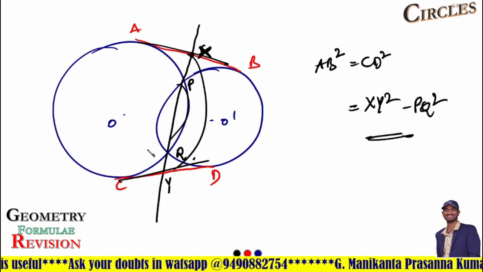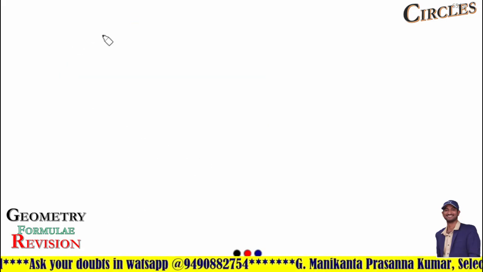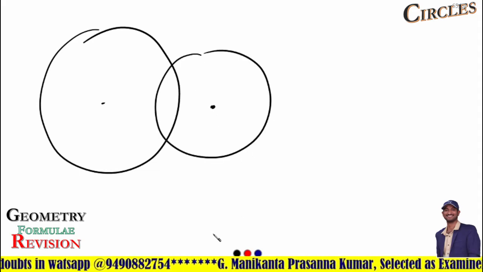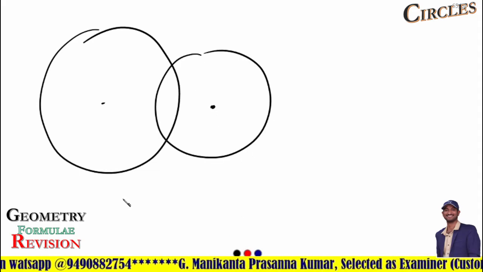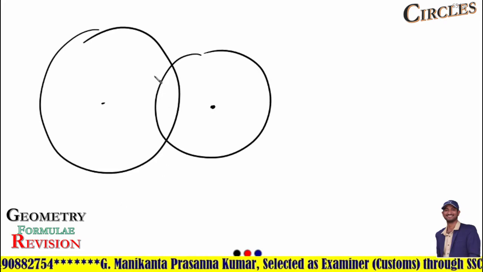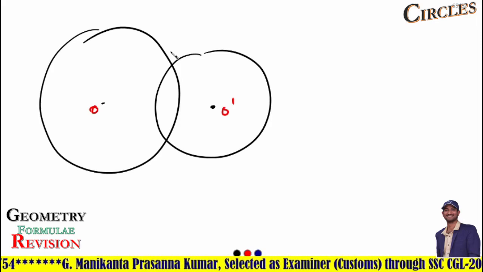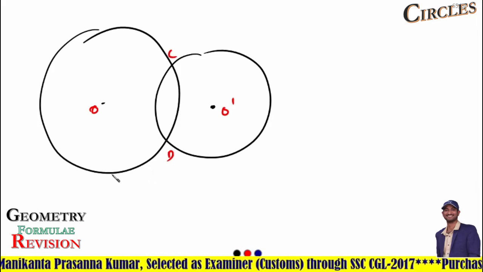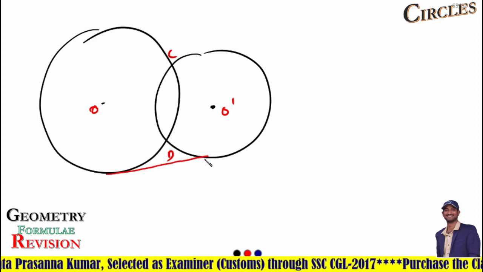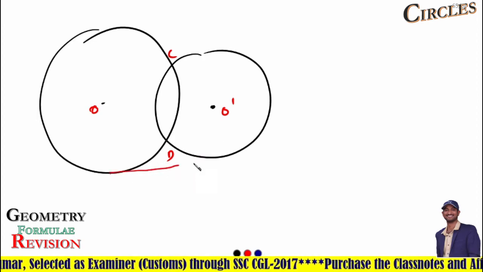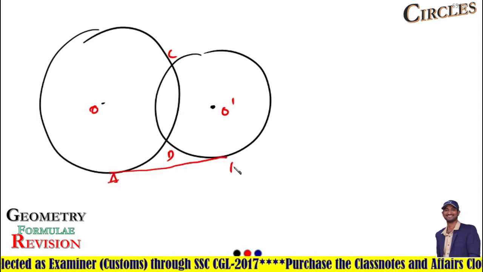Next, there are two intersecting circles like here. Suppose O and O dash are the centers, and C and D are the intersecting points. AB is a direct common tangent.